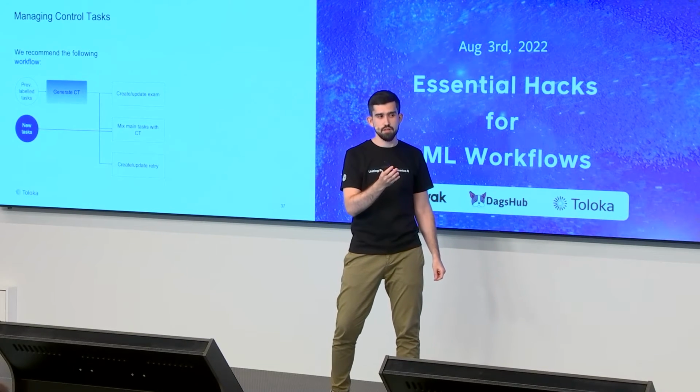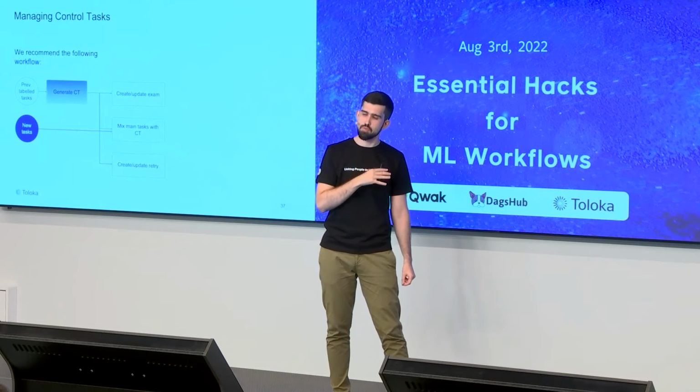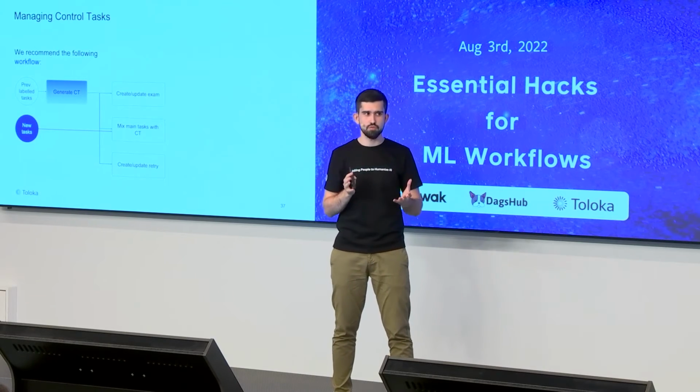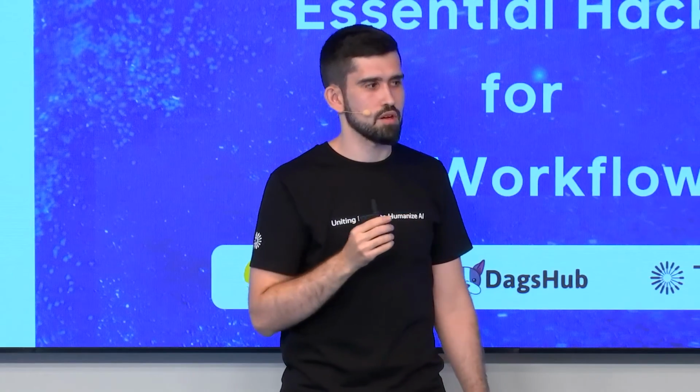After that, you mix those new tasks with previously prepared control tasks and divide them into three parts: an exam, a main pool, and a retry pool, because you should always bring a chance to your Tolokers, while they're losing their skills, to get back to the main pool.